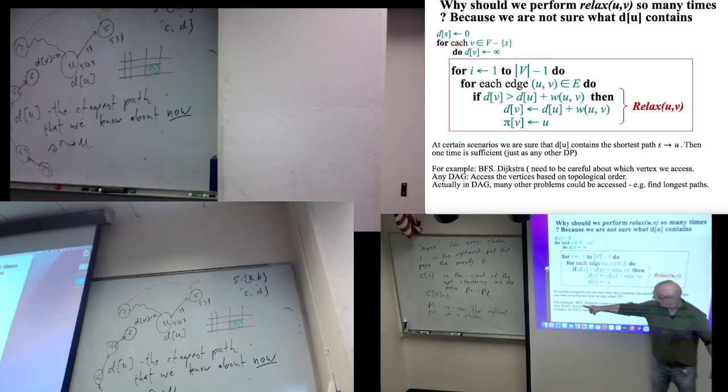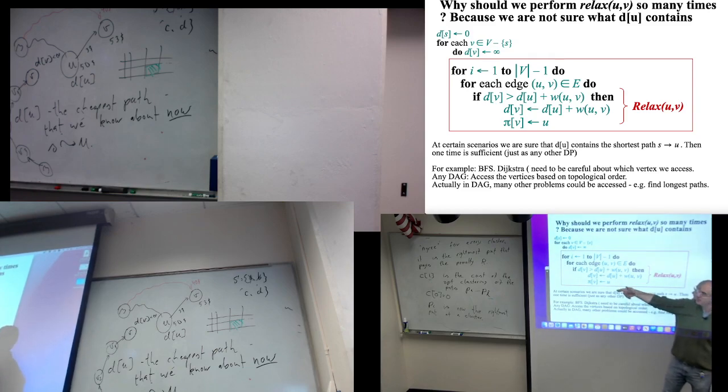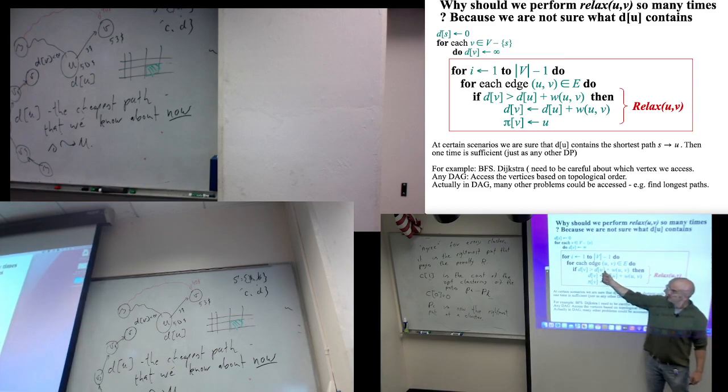How? If I run BFS or Dijkstra, using its tricks with a heap, it will make sure that once you access the edge UV, U knows the distance to it. That's why you need to check every edge only once, compared to n minus 1 times in Bellman-Ford.